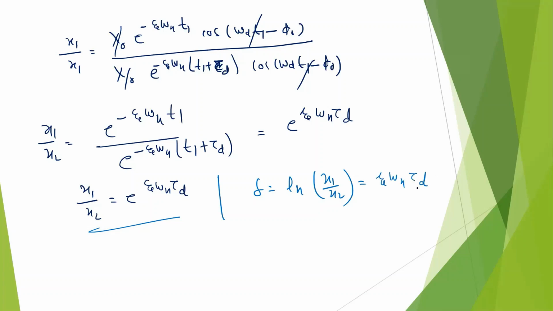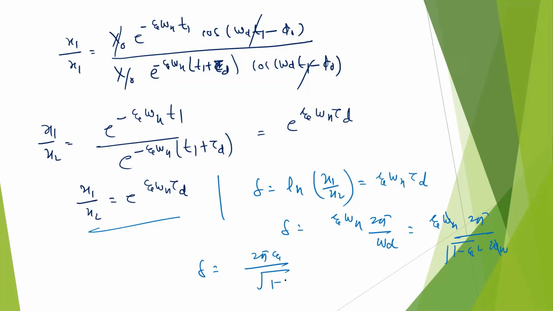We know that tau d is 2 pi by omega d, so delta equals zeta omega n times 2 pi by omega d. And omega d is the square root of 1 minus zeta square multiplied by omega n. So omega n will get cancelled out, and delta equals 2 pi zeta over the square root of 1 minus zeta square. So this is the logarithmic decrement delta.